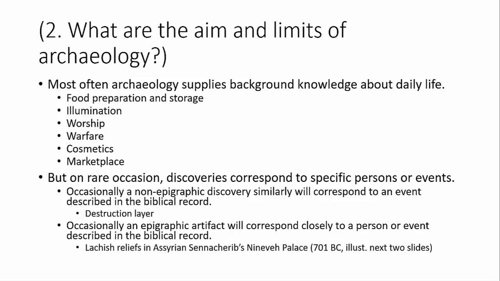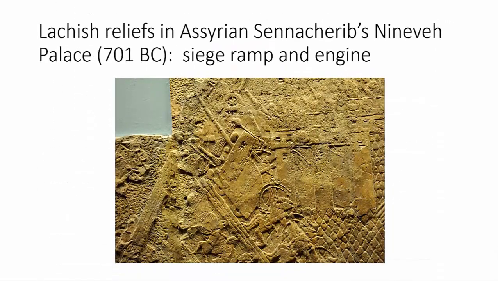The next couple of slides will show you one sample of datable archaeological recovery that dates to 701 BC. That's when the Assyrian Sennacherib was attacking areas further west of him in the Levant, in particular Palestine and Israel.